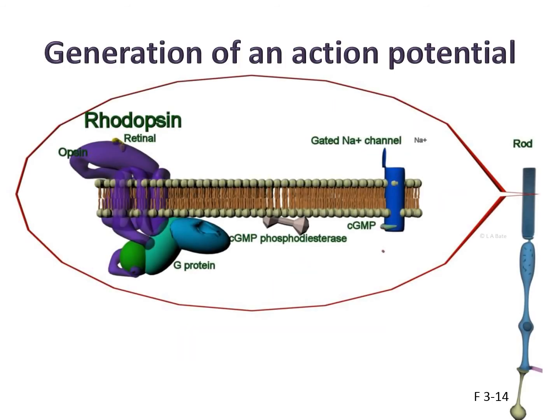Now that we can recognize the main components of the visual system, let's elucidate how the action potential that conveys the vision to the brain is created. In this image, we can see the photoreceptor rhodopsin, which is made out of two components, an opsin, which in this case is painted in purple.